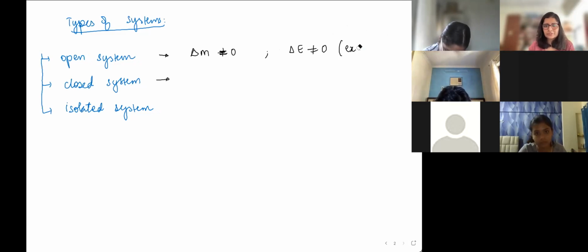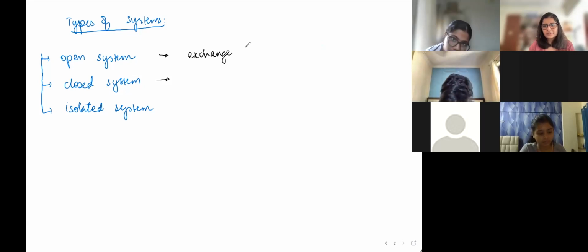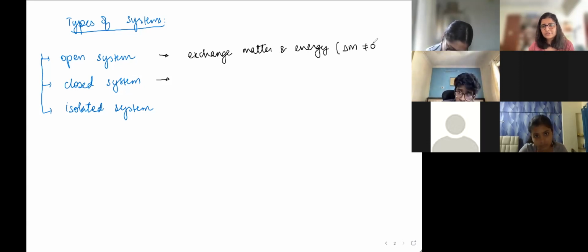Or wait, I'll just put it in a different way. So an open system can exchange matter and energy. So basically for matter delta M is not equal to 0, and delta E is also not equal to 0. Rishit, yes, E is energy, but use capital E for that. Brackets.